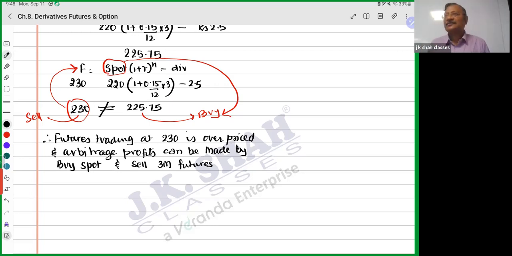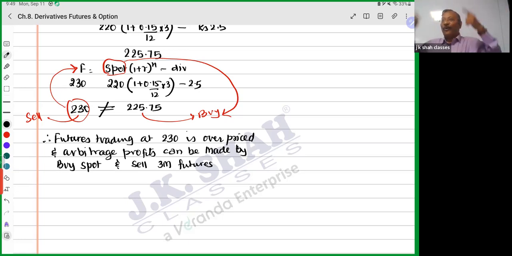After 3 months, what will I have to do? Just by doing this, is my arbitrage complete, or at the end of 3 months do I need to do certain things? Square off everything. But remember, I can't square off from this market to that market. The transaction done in a given market has to be squared off in the same market.